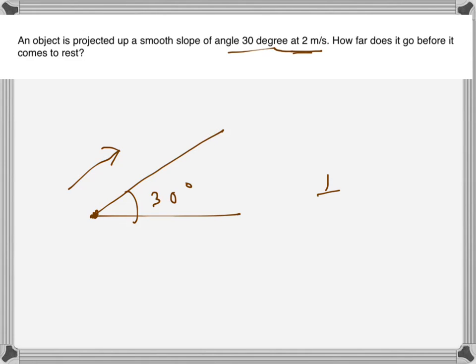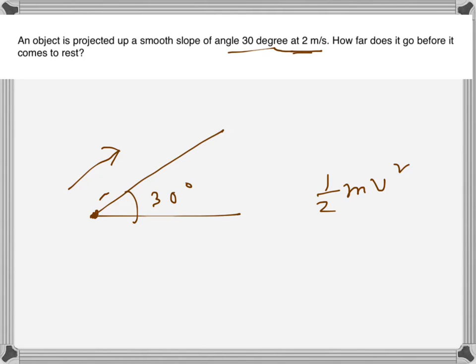So the kinetic energy that it has at this point is half mv squared, m being the mass of the object. Now as it starts moving upwards, its velocity decreases, so its kinetic energy gets converted into potential energy. We are considering the plane is smooth, so we don't consider any other energy.